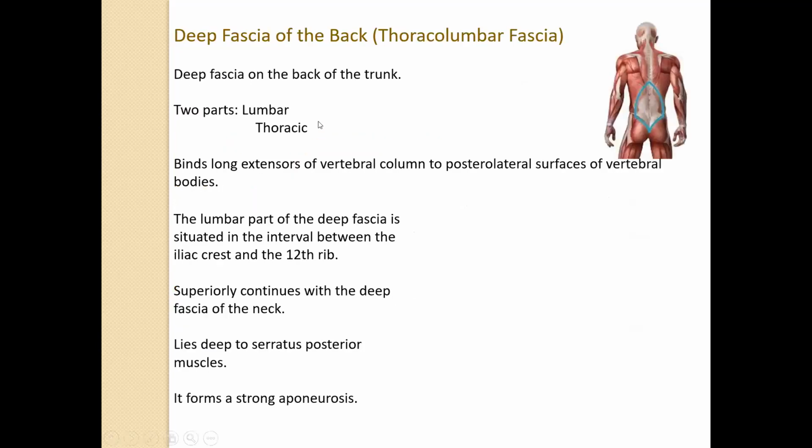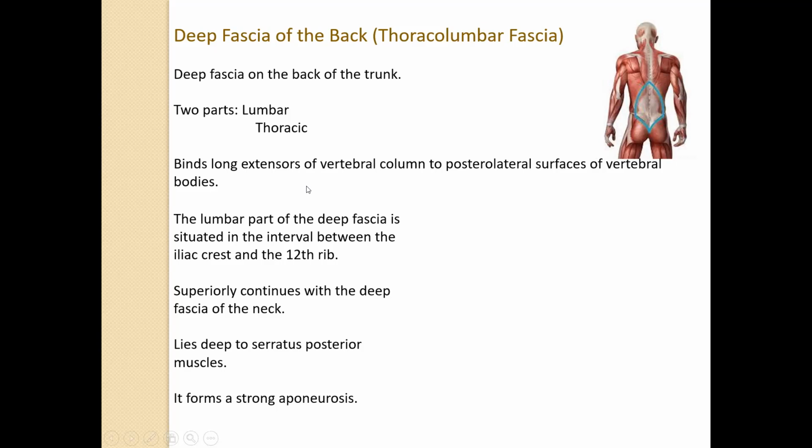And then there's another important thing, which is called the thoracolumbar fascia, or the deep fascia of the back. So it has two major parts, the lumbar part and the thoracic part.